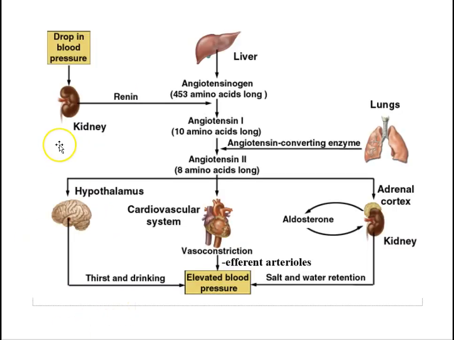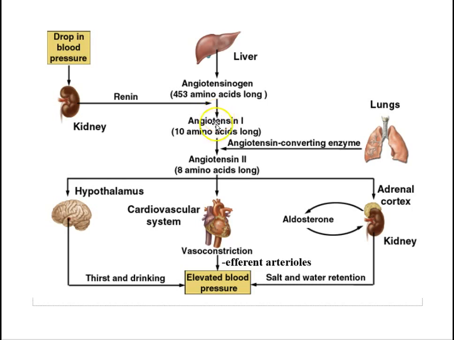Here's the big picture. So it's definitely a big picture. The liver is going to make the precursor. Remember, it's got the gen in it, so this is the inactive form. And when blood pressure drops, your kidney is going to make renin. Renin is going to convert this into the active form, and what it really does is shave off 10 amino acids from this larger hormone to make it a little smaller.